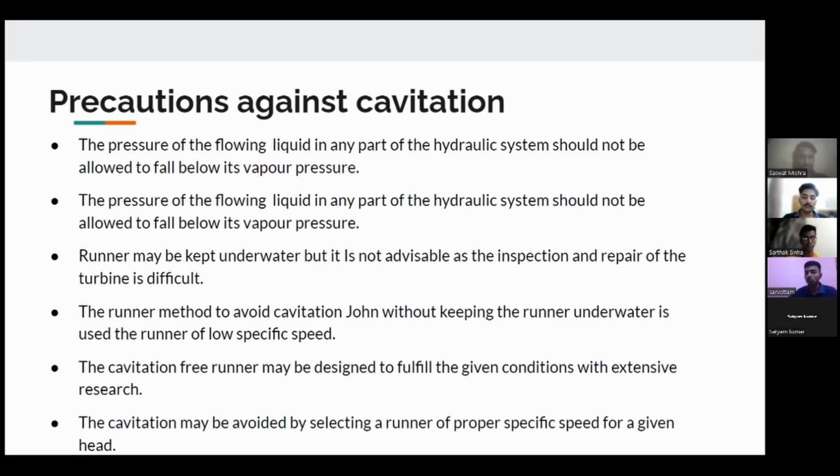We can also use special materials for providing a coating, such as stainless steel or aluminum, which may prevent cavitation and increase the longevity of the material. Cavitation may also be avoided by selecting a runner of proper specific speed and design for a particular given head. Next slide.